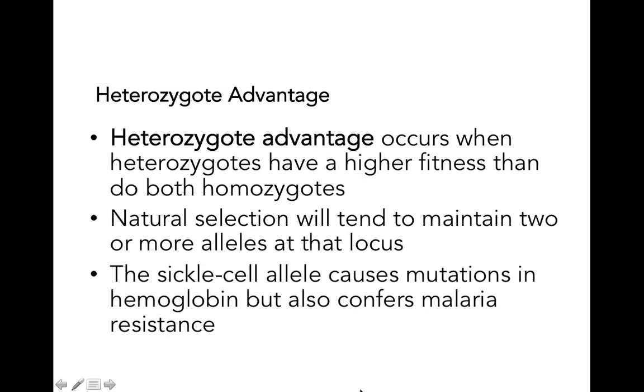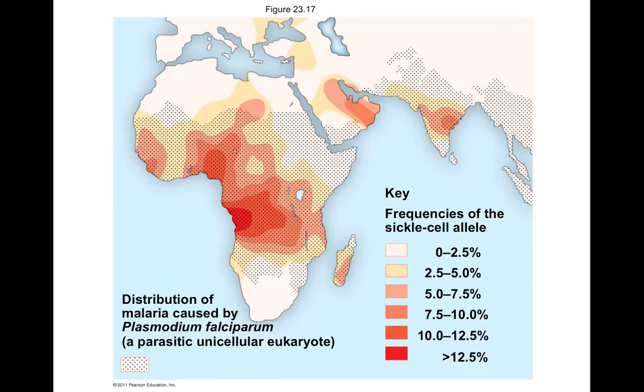But if you're homozygous for the recessive case, then sickle cell can be quite debilitating, which means the best way to be in areas where malaria is endemic is to be a heterozygote. And we can see that the frequency of the sickle cell allele seems to match pretty well with the distribution of the malaria parasite, Plasmodium falciparum.